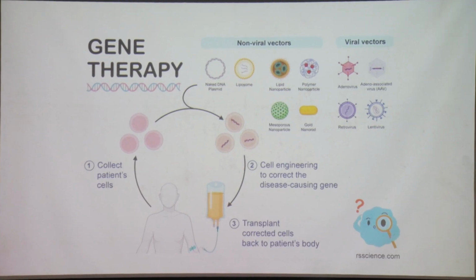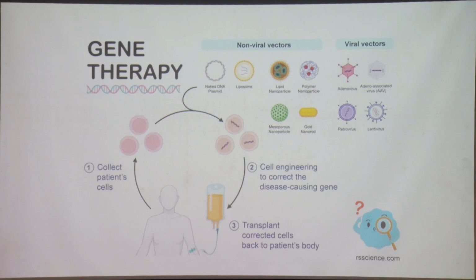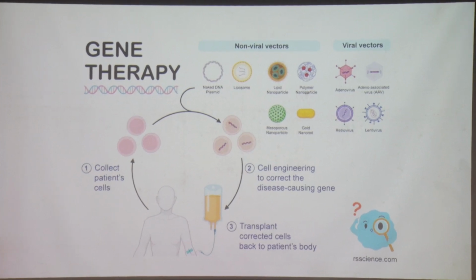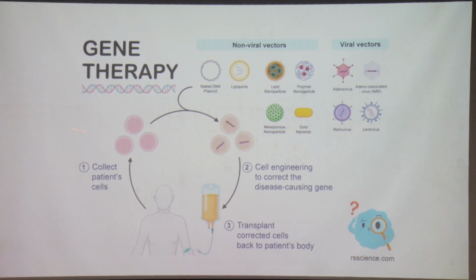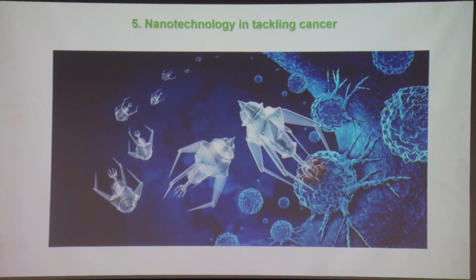And you can have different kinds of vectors basically. Don't worry about the details. The point here is that you can get the DNA across into the cell, and it will make the required protein. So you can correct the disease-causing gene, you can put it back in the patient's body, and then basically you have fixed the disease. That's the gene therapy.